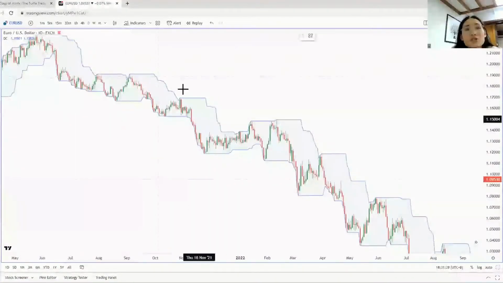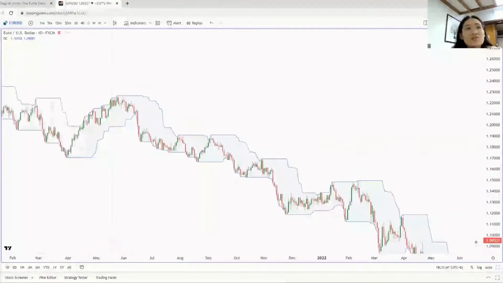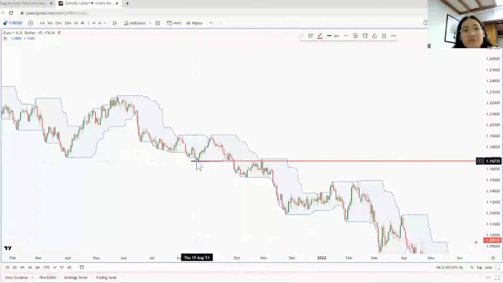Okay, so we're looking just solely over here. So once price made this lower low, it cut below this area here, right? Then they went in for a sell.